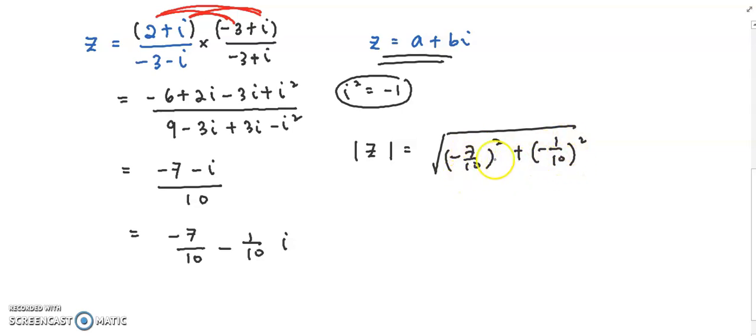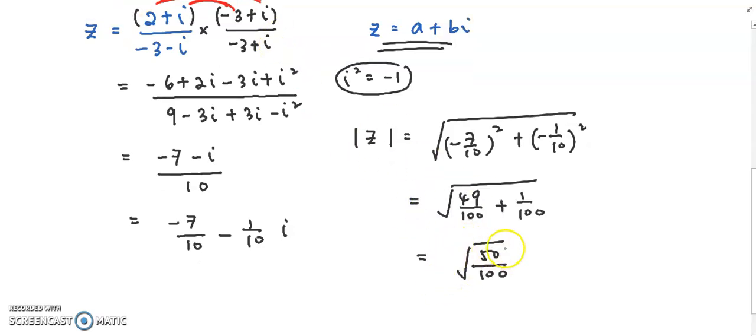This is your a, this is your b, and you simplify it. Then you have the square root of 50 over 100. Further simplify, you get the square root of 1 over 2, and you can always simplify it as root 2 over 2. So this is the modulus of the complex number 2 plus i over negative 3 minus i.